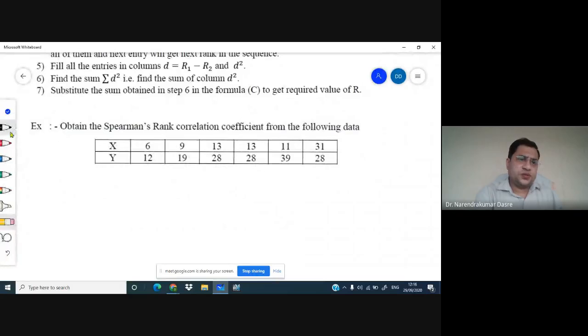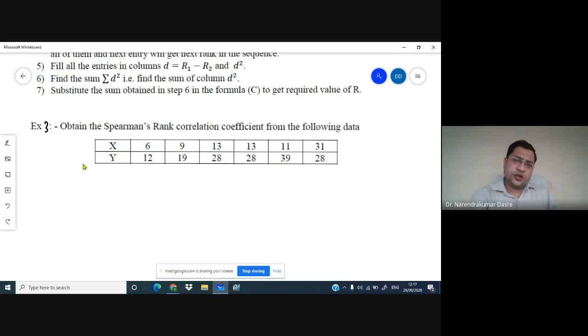In this data, you can see 13 is repeated, and 28 is again repeated. From the data itself, you can get the idea whether you have to use the repeated value formula or the non-repeated value formula. Hence we write the answer for this. So we go with the solution.